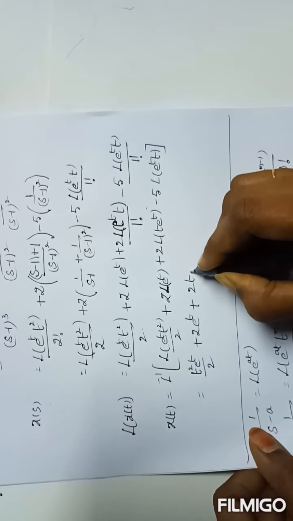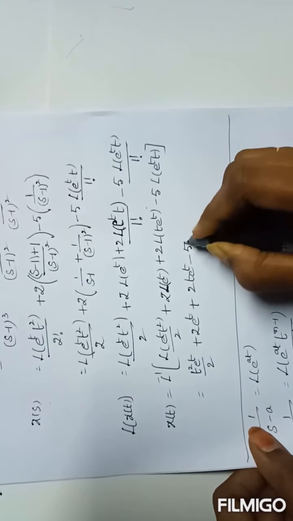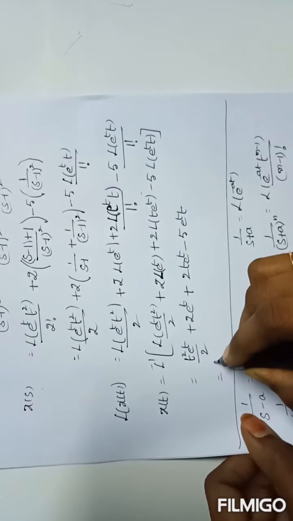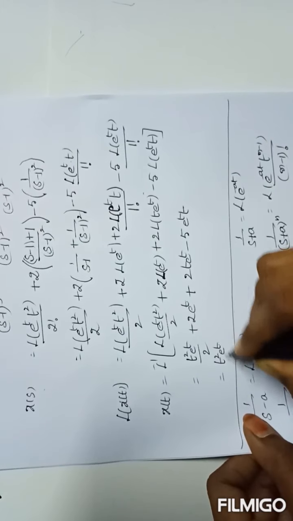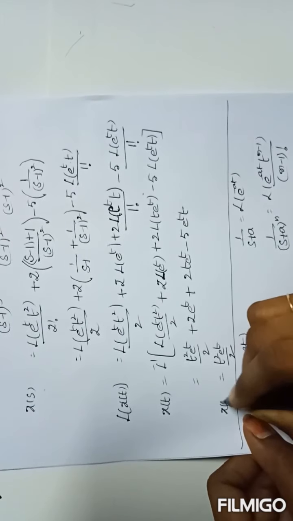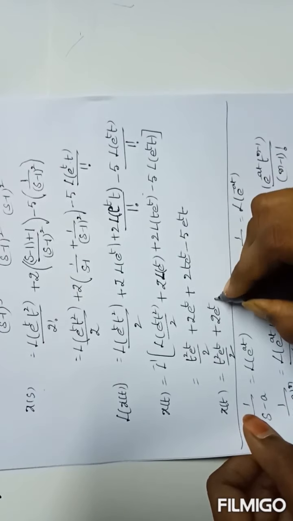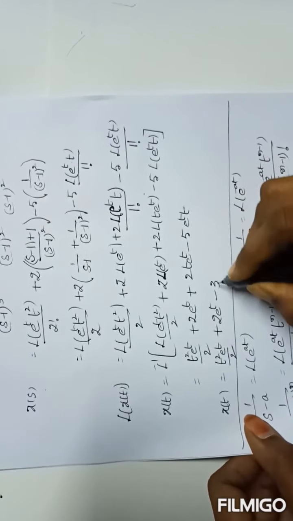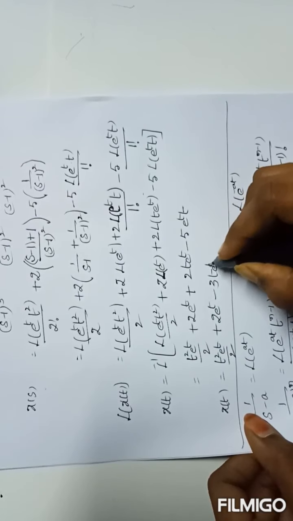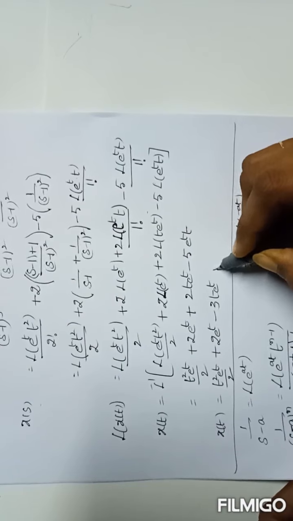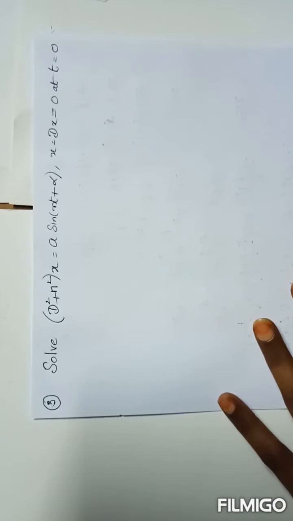Similarly here also t e power t, minus 5 into e power t into t. Now t square e power t by 2 plus 2 e power t, these two are the same, 2 minus 5 is 3, t e power t. Now this is the solution of the given differential equation.